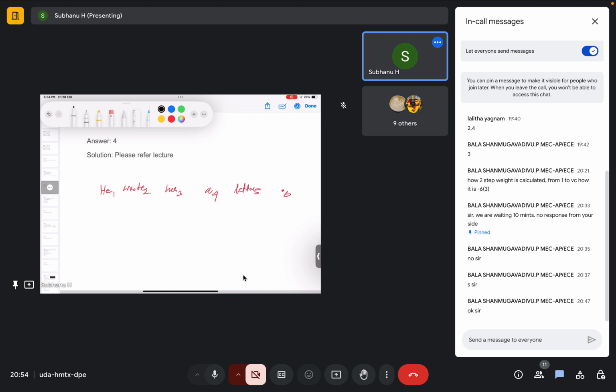Here "he" is the subject. Then I have the object: who did he write to? He wrote to her. So this is the indirect object. Then what did he write? He wrote the letter. This is the direct object. Then we have a punctuation here. And this letter has a determiner. Fine, this is clear to you.